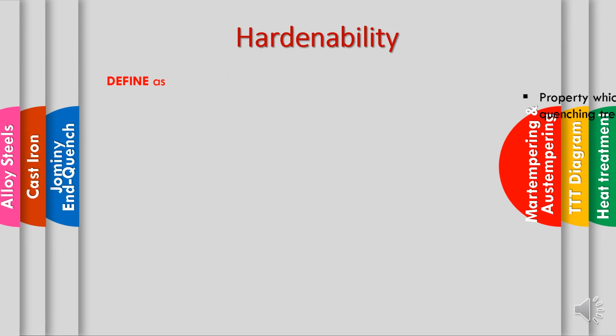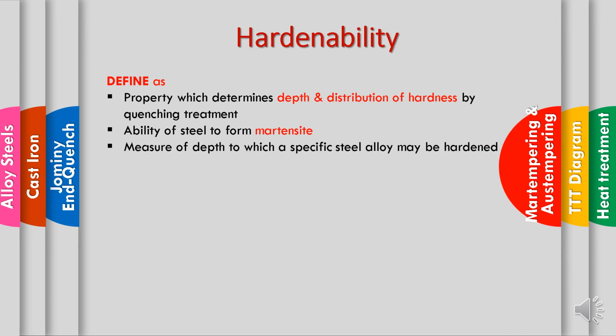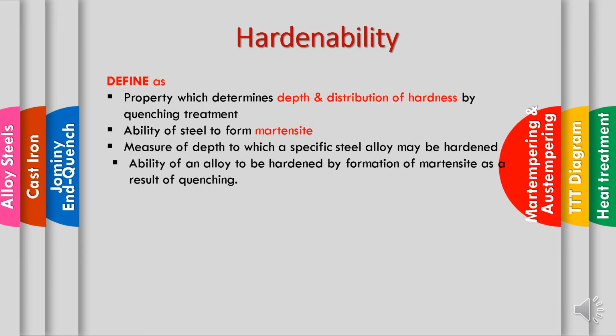Okay, hardenability is defined as the property which determines the depth and distribution of hardness by the quenching treatment. Okay, the ability of steel to form martensite. A measure of the depth to which a specific steel alloy may be hardened.